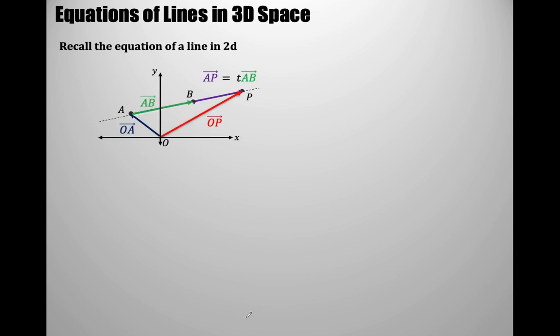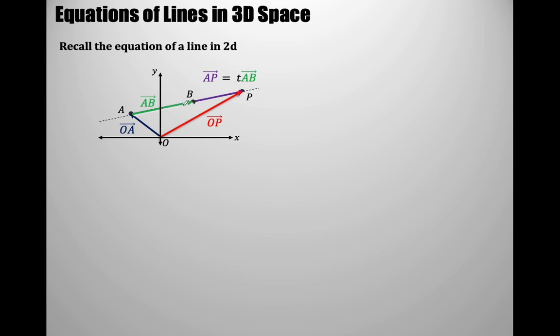And if you go back, you will probably recall this drawing where we were talking about the points A and B, and we drew some vectors such that we went from the origin out to A, and then tip to tail out to B, and then P was our floating point, our any point, right?